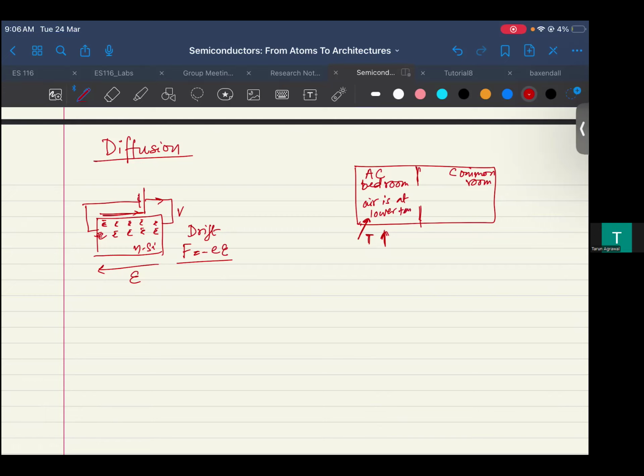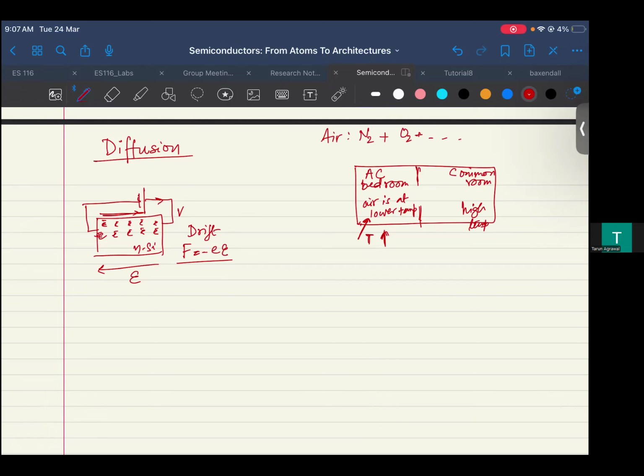So what is air? I think we all know air consists of a certain percentage of nitrogen, a certain percentage of oxygen, and other gases, other molecules. So that is what is there in the air. These molecules are at lower temperature when you are in the room. But as soon as you open this gate, the outside temperature is high. So what is going to happen?